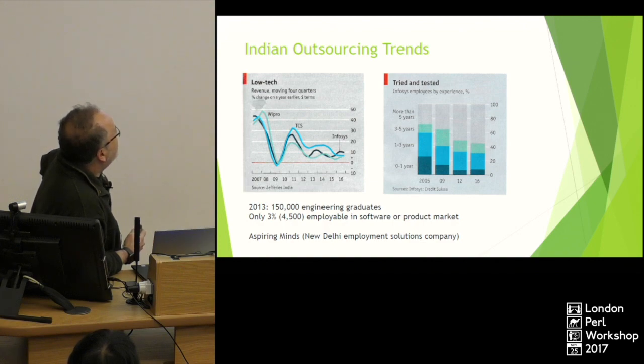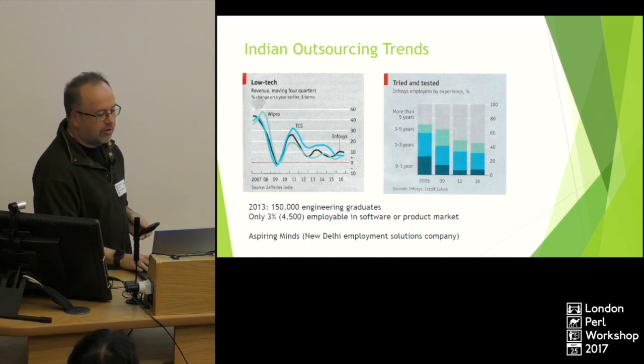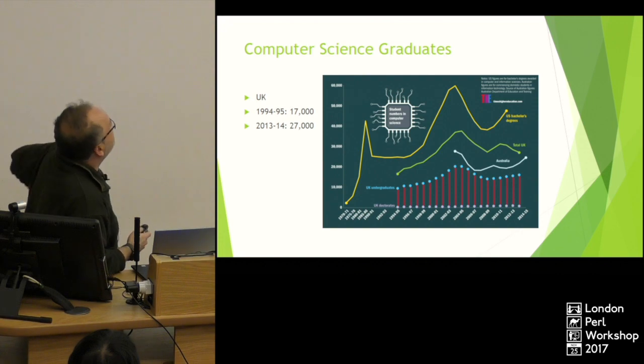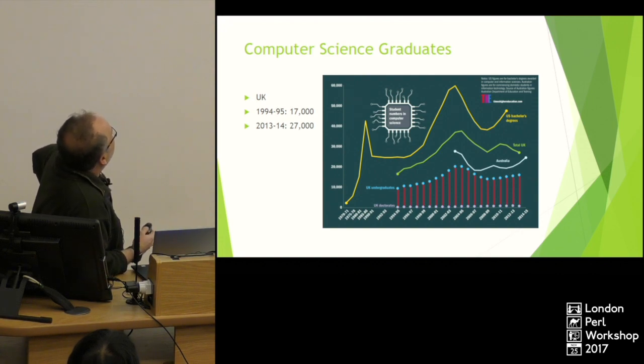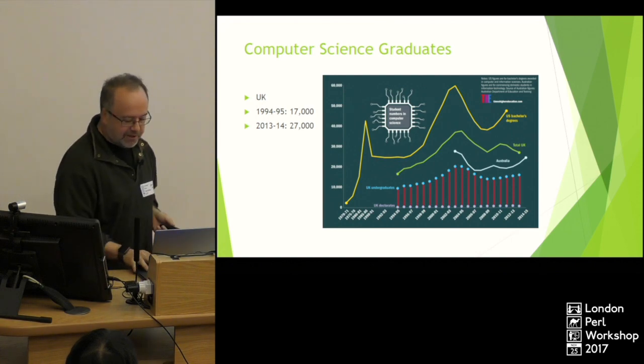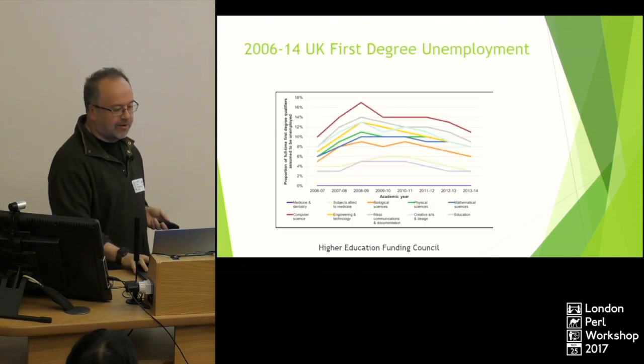So if you take that slightly dodgy 4,500 number for a moment, and you look at UK graduates, we've got 27,000 here, and it's been growing. So that's much bigger than 4,500.